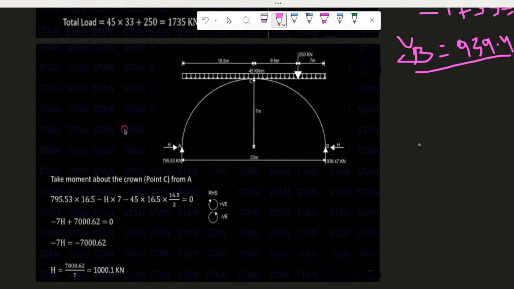Take the moment at the crown, that means MC equals 0. VA, the support reaction, is clockwise, into distance 16.5.